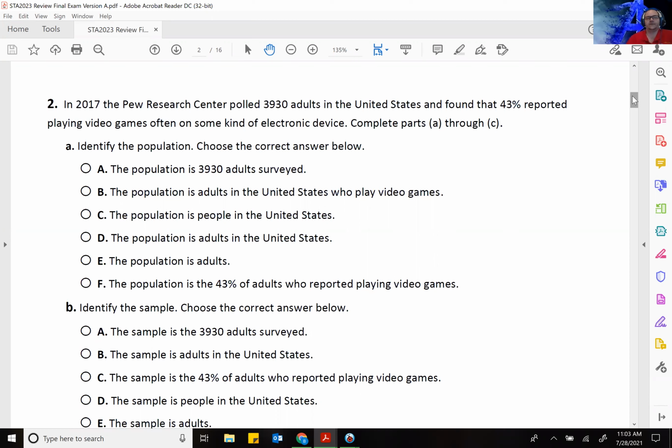D. I love it. Again, we're talking about adults in the United States. Be careful. C can be misleading because it talks about people. People includes children. So that's why we don't select people, because this is specifically about adults. That's what it says right there after the 3,930.